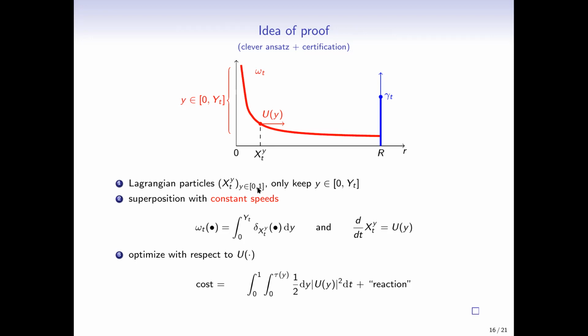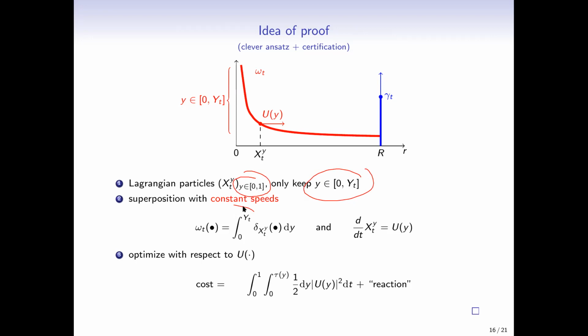So this means that even though I start with labels y in 0 and 1, at time t, I only need to care about labels y in between 0 and some label capital Y_t, and the set of labels [0, Y_t] is the set of labels that are still within my city at time t. The other cars that have already entered the road, I forget about. I just ignore them from now on. Okay?